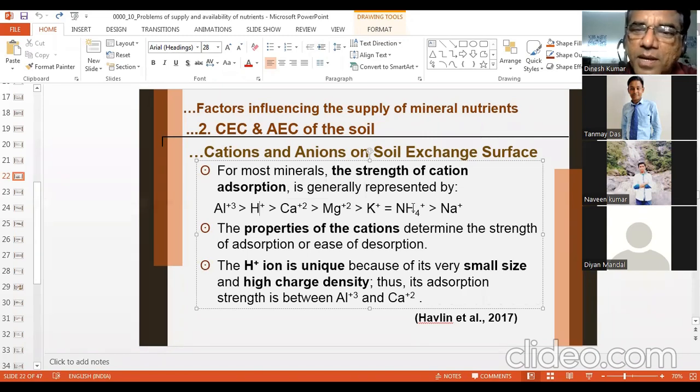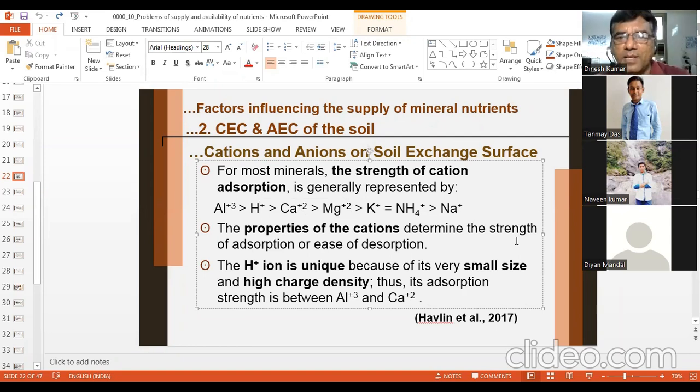And then potassium is almost equal to ammonium, and then sodium. And when the detachment comes, sodium will be the first to be detached from this exchange complex. Similarly, in this order they will attach, then ammonium, potassium, magnesium. So they will be exchanged like this.